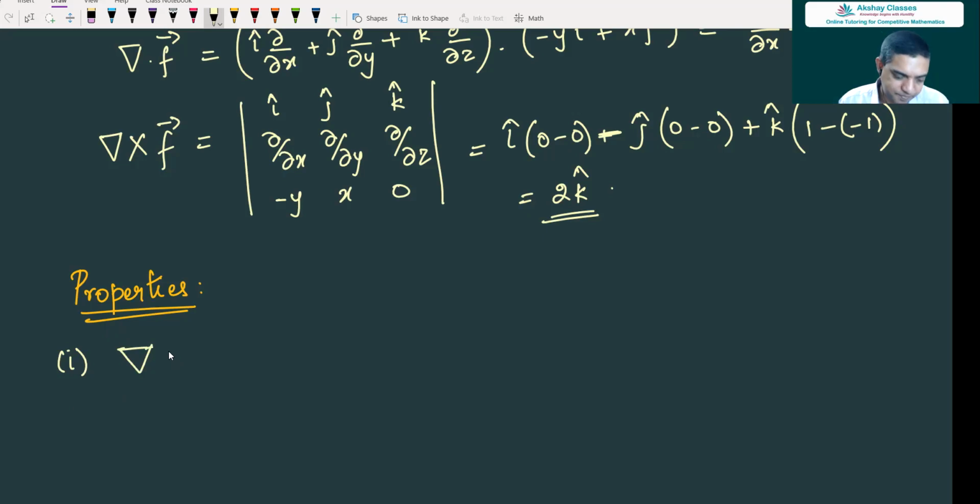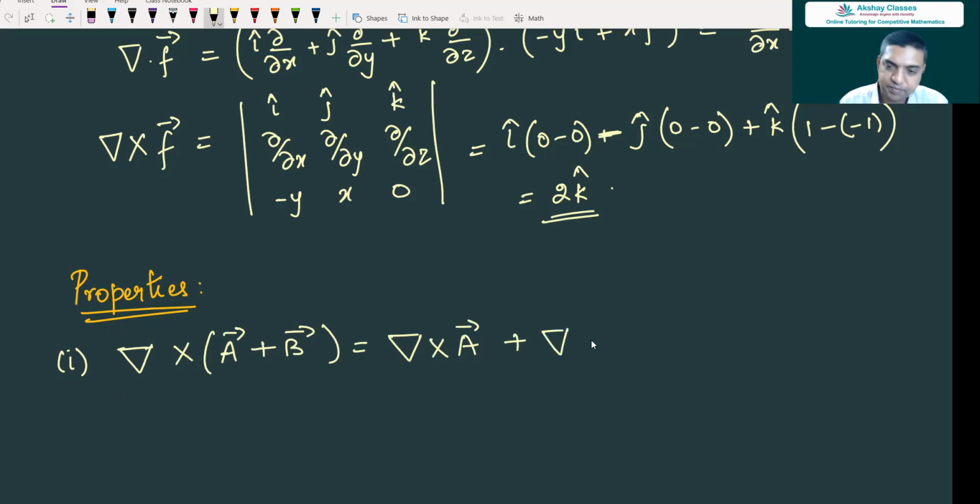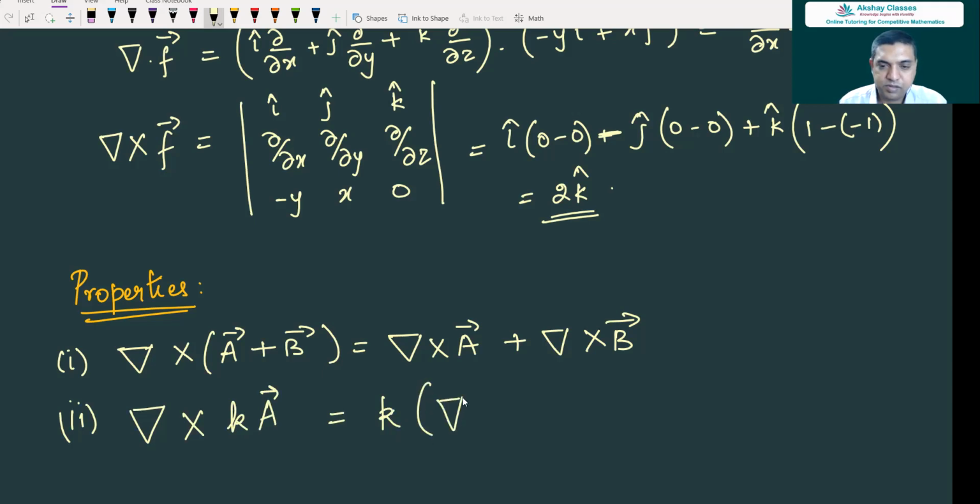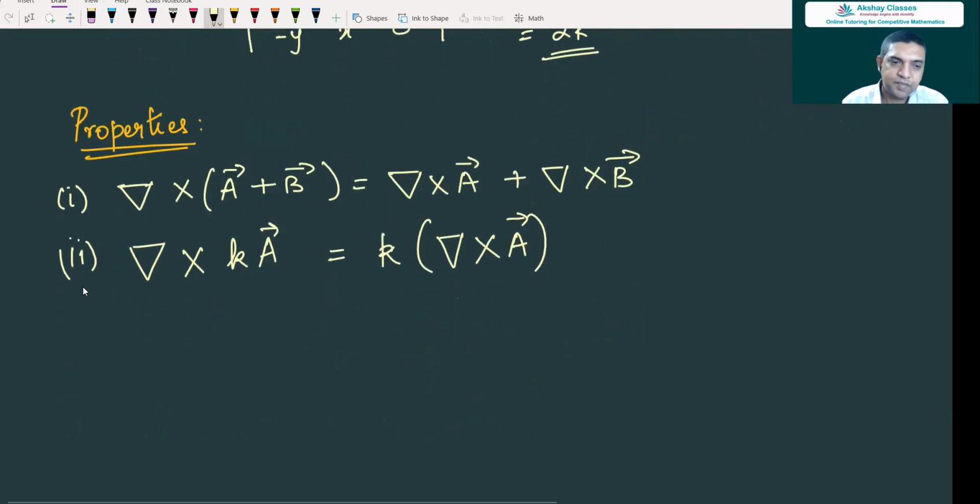Now, properties: curl of sum of two vectors a plus b is sum of the curls of the individual ones. Now, curl of a constant times a vector is the constant times the curl of the vector.